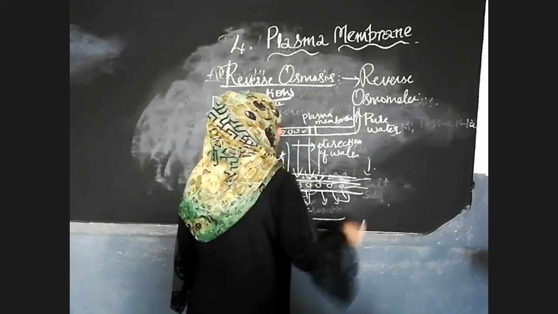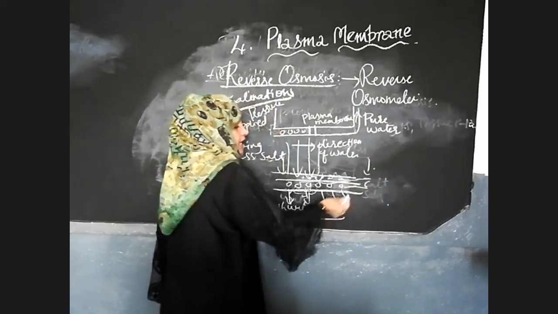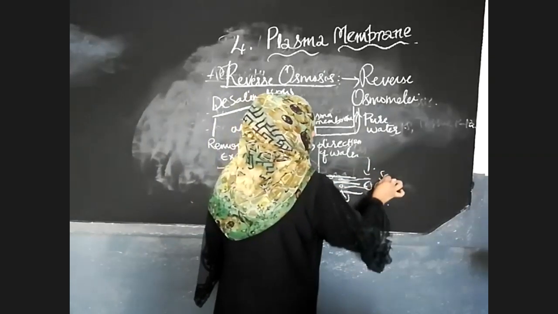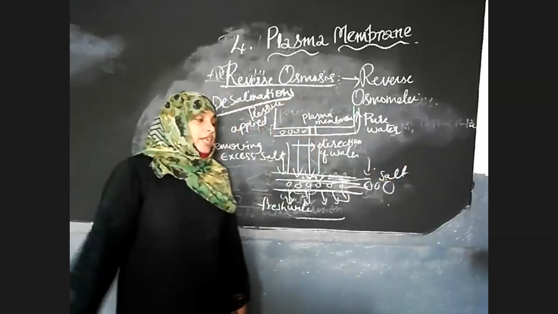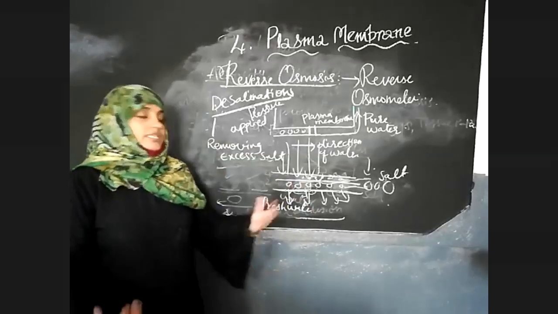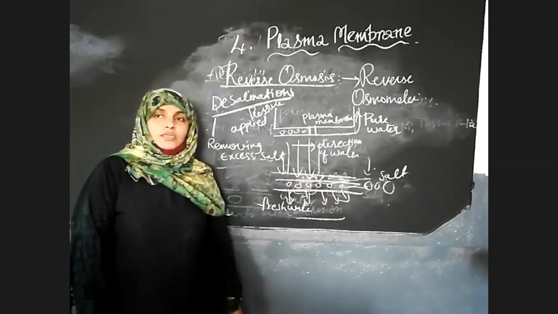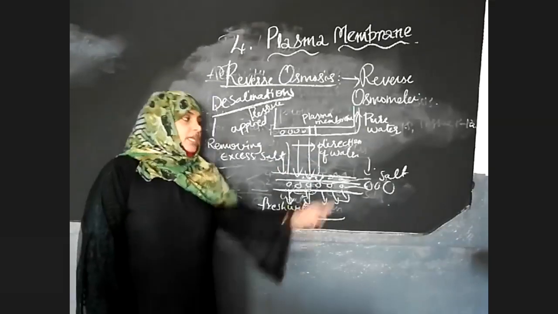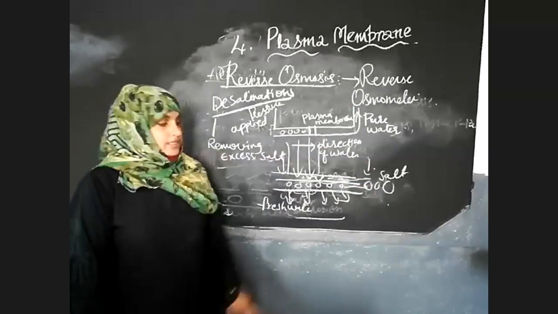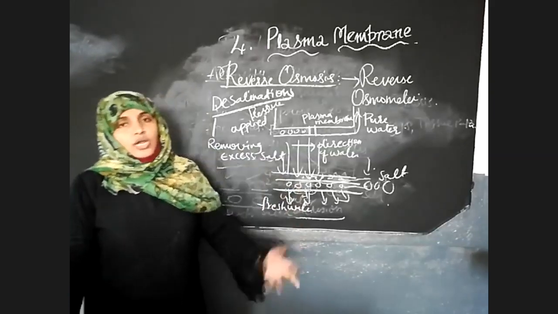The water evaporates from this salt and it forms crystals of salt. So here osmosis is taking place, evaporation is also taking place, and the filtration process is also taking place.